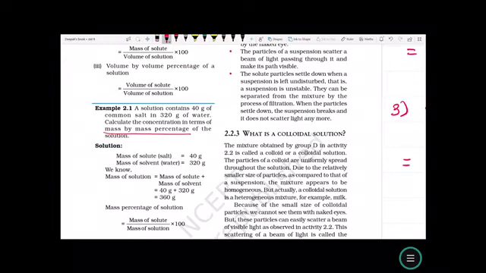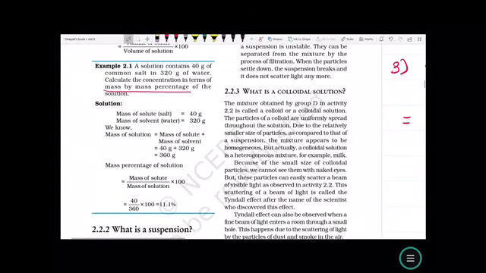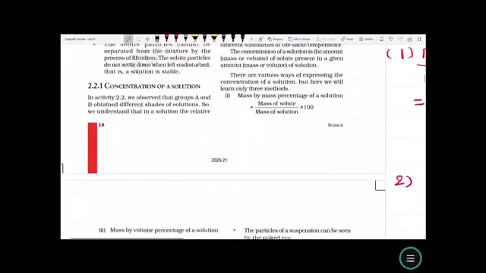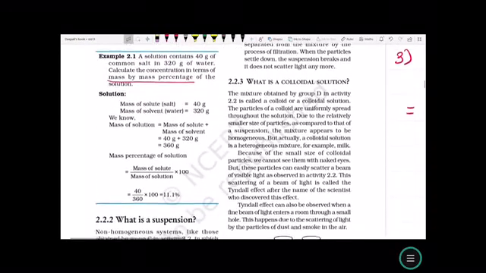What is the mass of solvent? 320 grams. So now mass of solution will be mass of solute plus mass of solvent. That is 40 plus 320, that is 360. Now percentage of solution will be mass of solute upon mass of solution into 100. That is 40 upon 360 into 100, that is 11.1 percent.